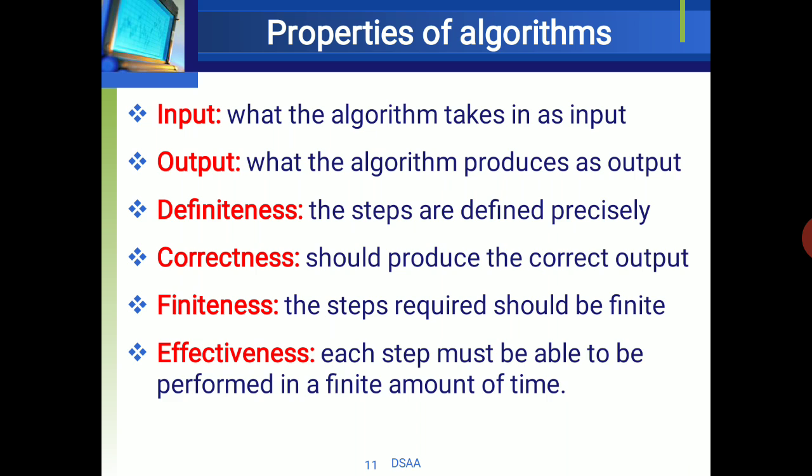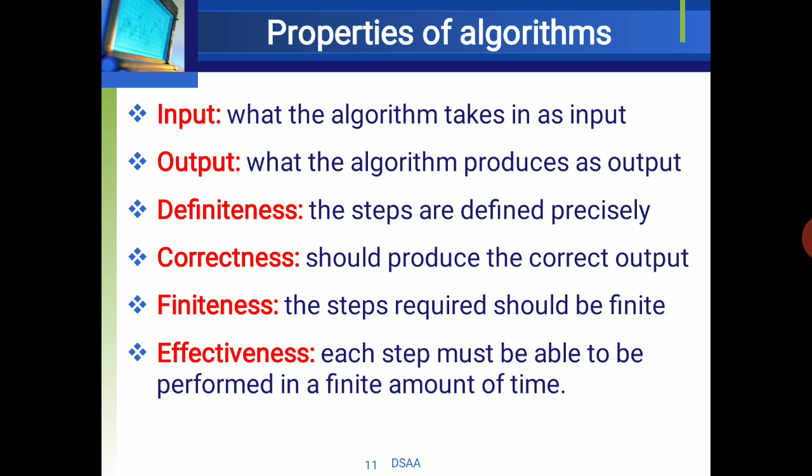And these are the properties of an algorithm. Here you can see input: what the algorithm takes as input, and next is output. Is input required for each and every algorithm? That's my question.